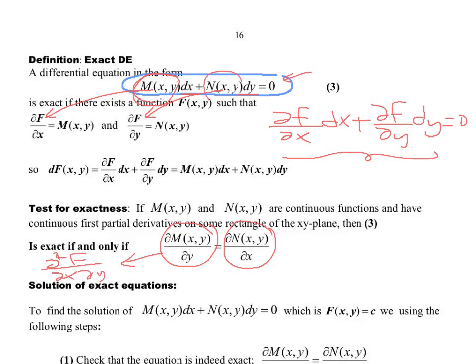And when you differentiate N with respect to x, you are actually finding the second derivative of f, yx. If they are equal, then the differential equation is exact. So you have to differentiate M with respect to y and N with respect to x. If they are equal, the differential equation is said to be exact.